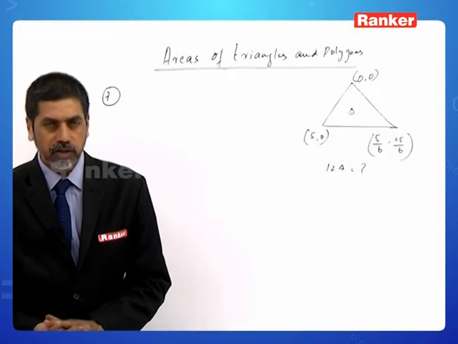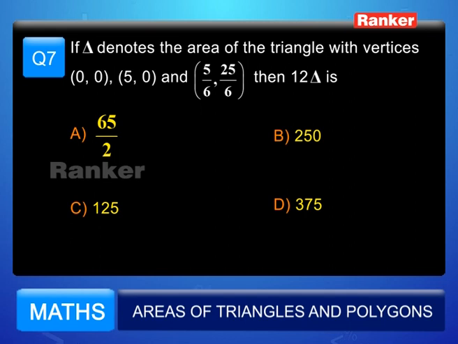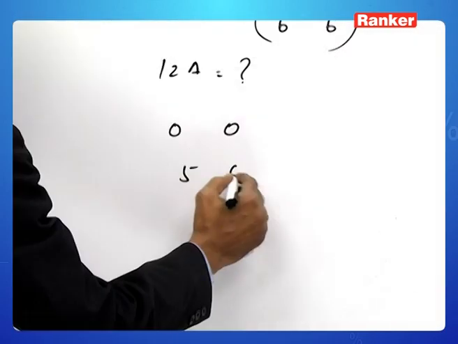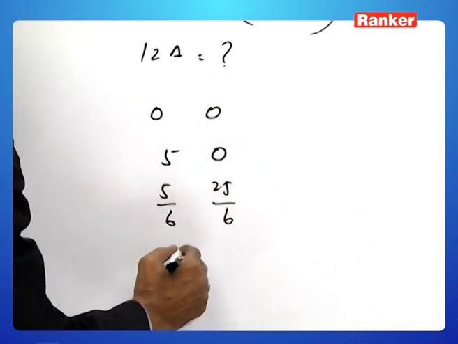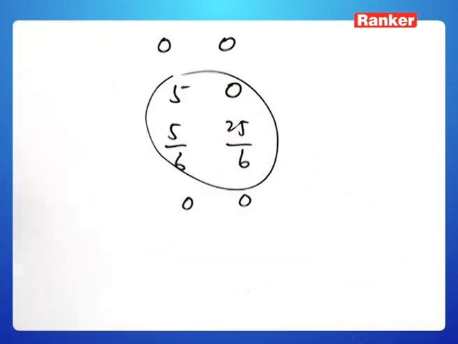Question number 7, we got a triangle, all the vertices declared, delta is the area, then what's the value of 12 times that area? So this is a very elementary question, but can be useful for startups. So we can activate only this block.